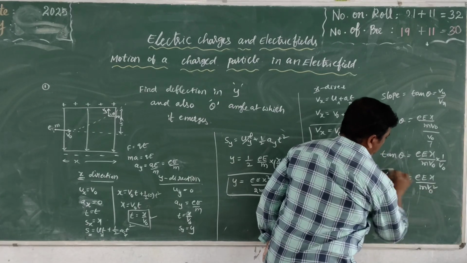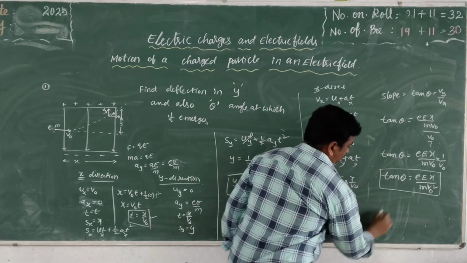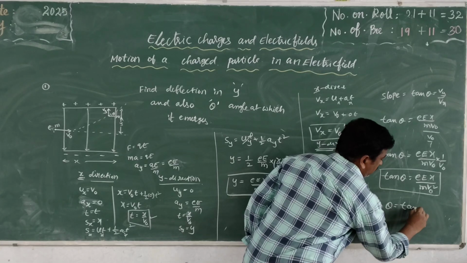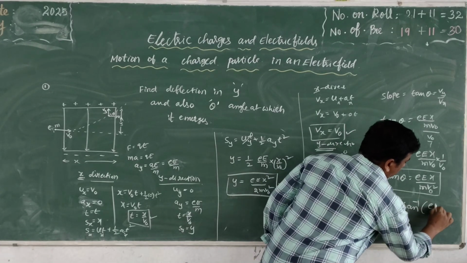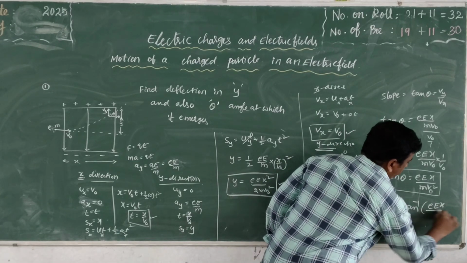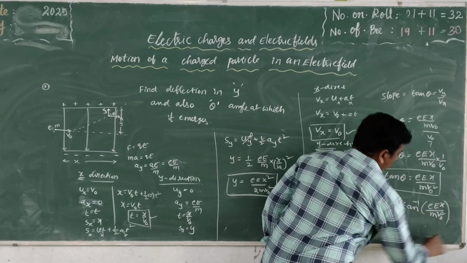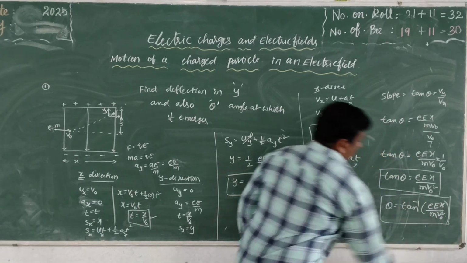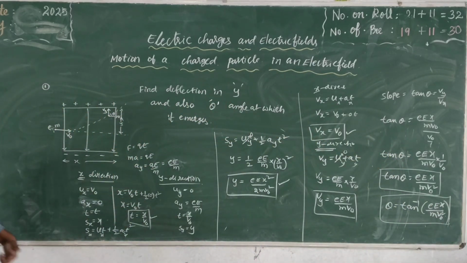It is the angle at which it emerges, so theta equal to tan inverse of E x by m v naught square. It is the theta at which the charged particle emerges.